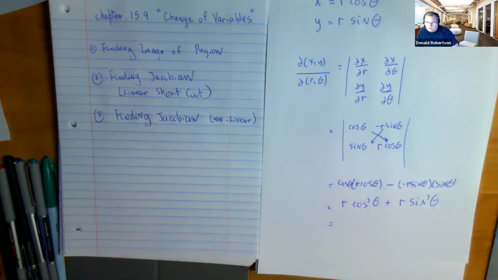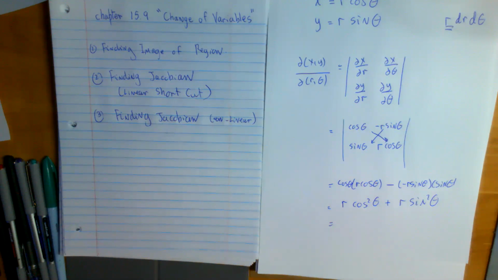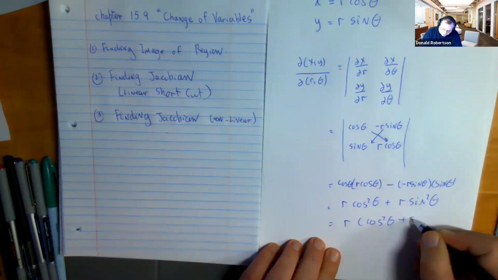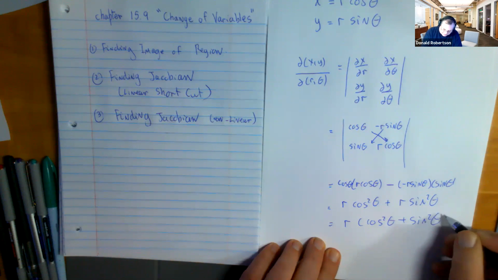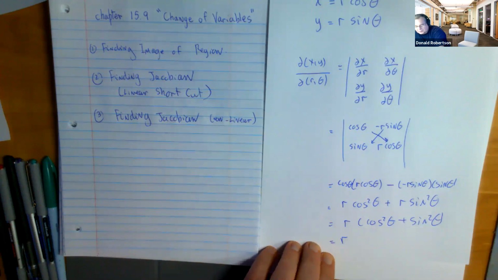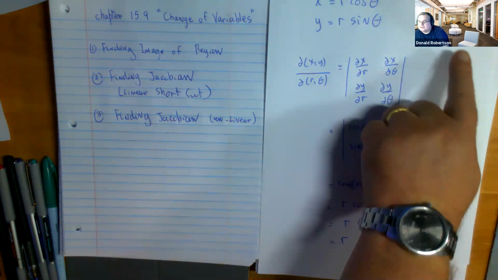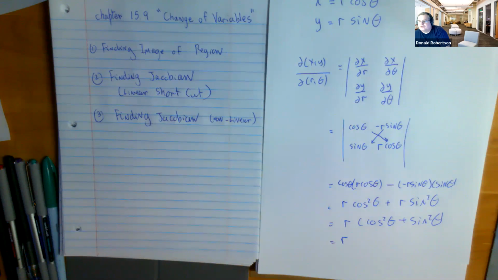You see anything we can do? Yeah, cosine squared and sine squared can go to 1. So if we pull out r as a common factor, do you now see where that funny little r came from? That is basically where the Jacobian is going to go for all the questions we're about to do.